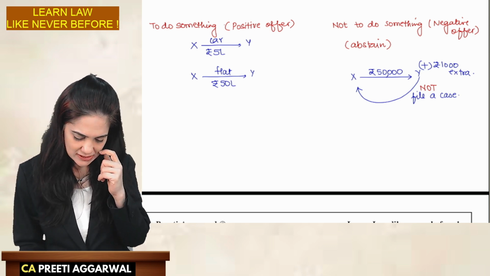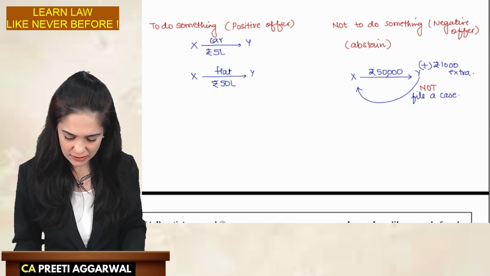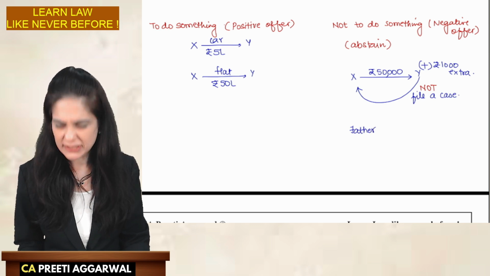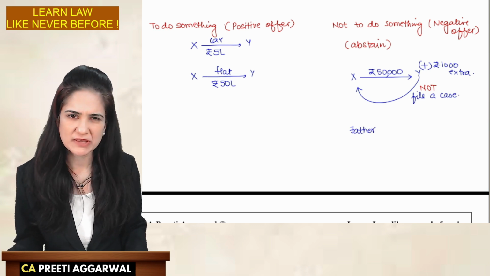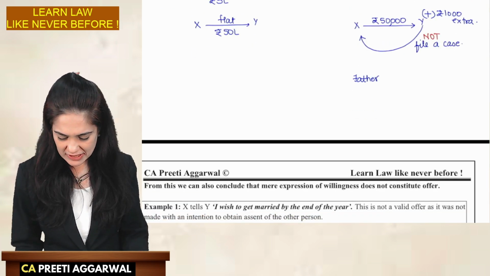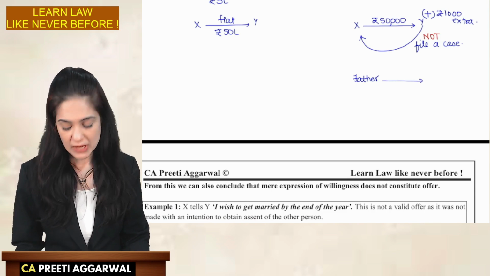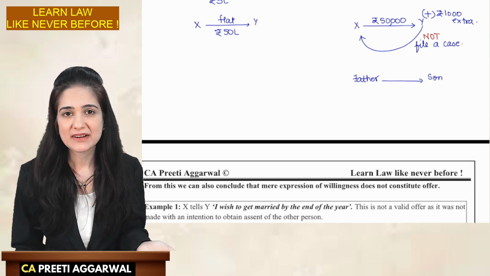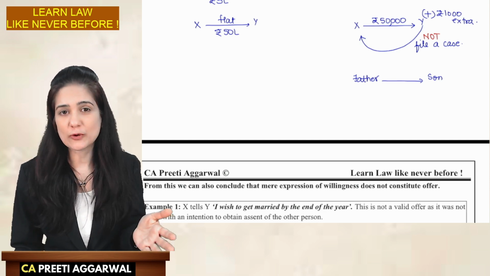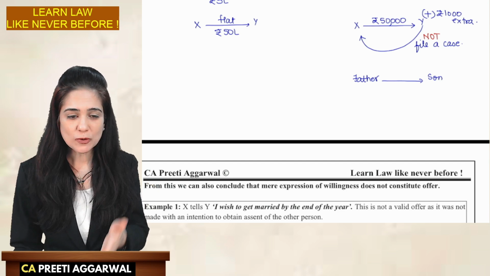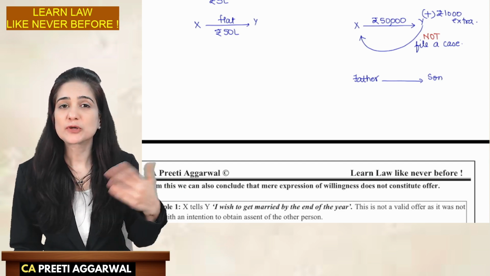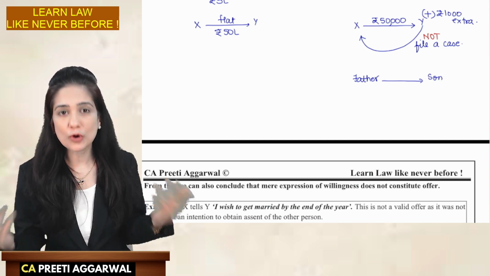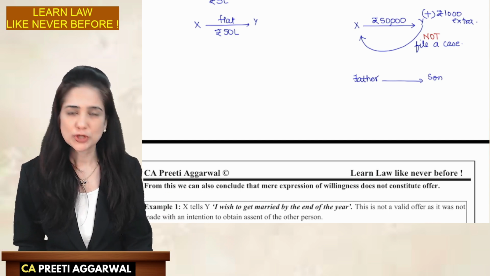I'll give you one case law also, which we are going to discuss later. A father wanted to get his daughter married. Now, you know, there is a lot of expense in marriage. So father is thinking of selling the land. Son tells the father, Dad, why are you selling this land? It is at such a wonderful location. You are selling it only for 25 lakhs. After 2 or 3 years, because of the metro, the prices of land will double. You will get more money. Beta, what should I do?